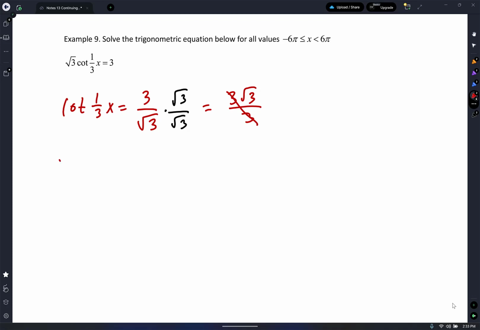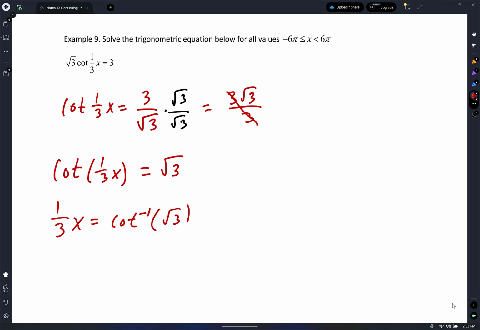That cancels out. So I'm going to rewrite it. Cotangent of 1/3 x equals square root of 3. Then I'm going to do arc cotangent. 1/3 x equals arc cotangent of square root of 3 plus pi n. Cotangent repeats every pi.